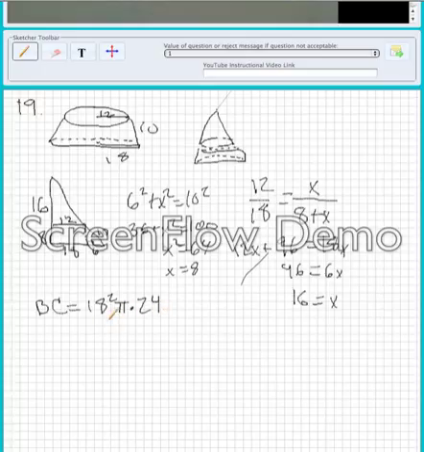And then this is a cone, so we're going to divide it by 3. And then the little cone is going to be the same thing, right? Here's the radius of the little base, and here's the height. So 12 squared pi times 16 over 3.